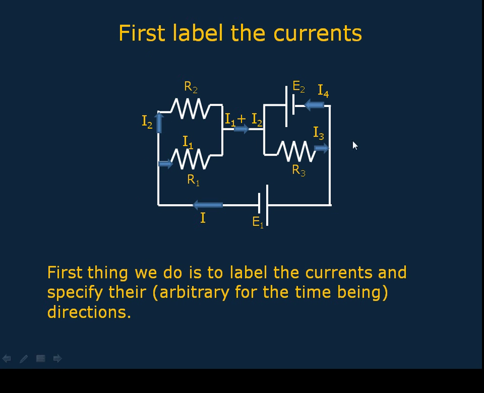Of course, we'll come to that later, but these two currents have to equal the sum of those two currents. And of course, the combination of I4 and I3 has to equal the current I, which is the same as what left this battery.